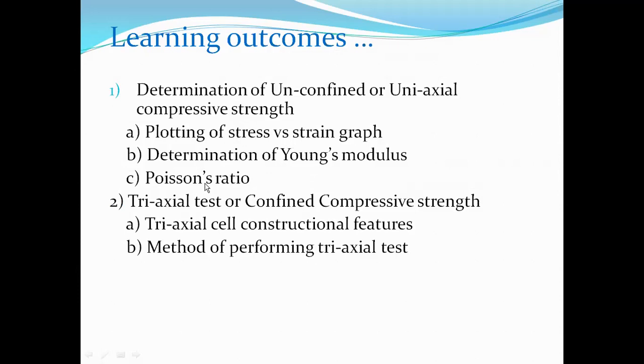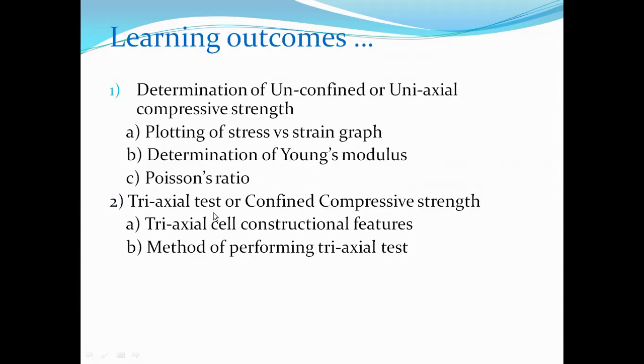Then we are going to discuss the triaxial test, the confined compressive strength. Confined means the stress or forces on the rock specimen will be applied in all directions, which is the exact scenario of the in situ condition of the rock mass.